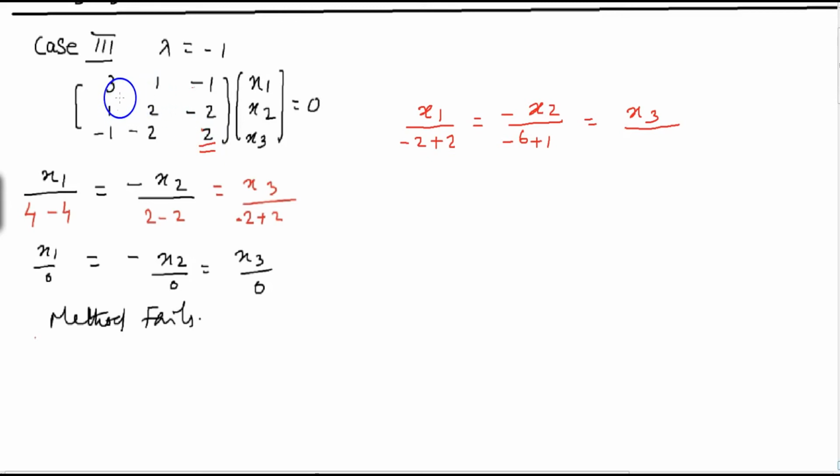Here the minor of A33 is 3 1 1 2, and after cross multiplying we get 6 minus 1, which is equal to x1 by 0 equal to x2 by 5, x3 by 5.